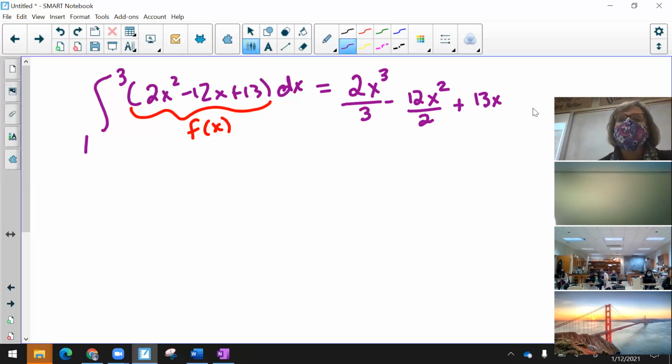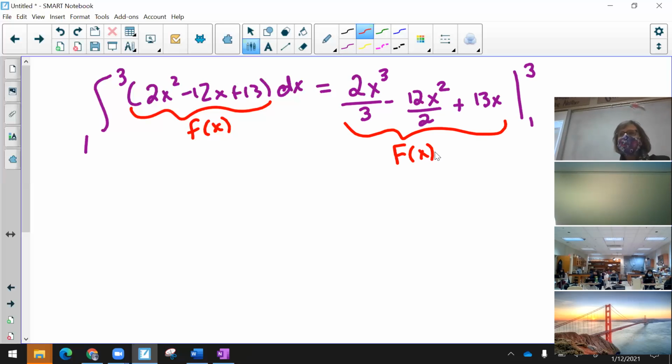Now, the way I do this is I make this blue line and I write from 1 to 3, okay? This thing here is capital F of x. It is the antiderivative of f of x.